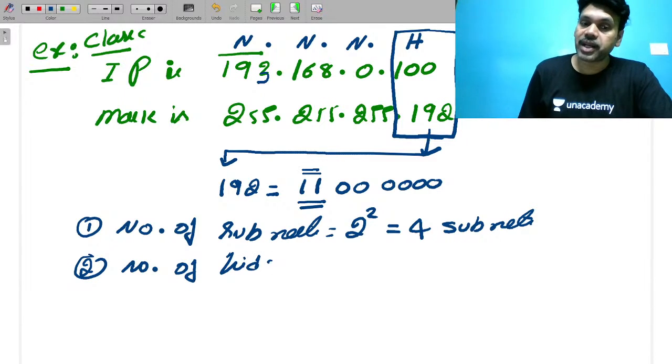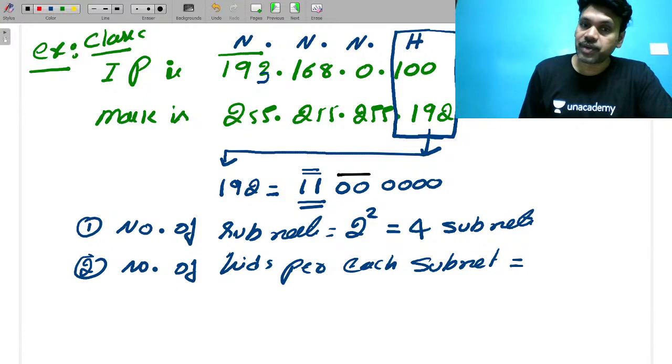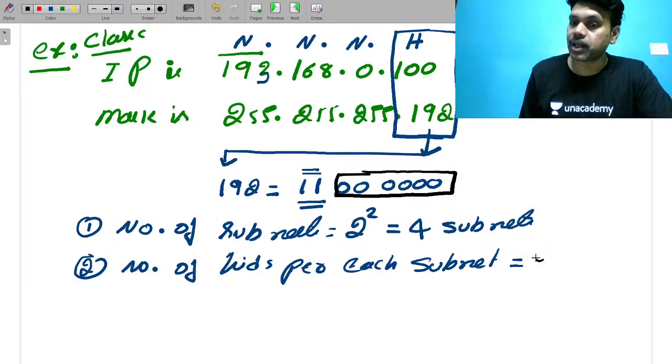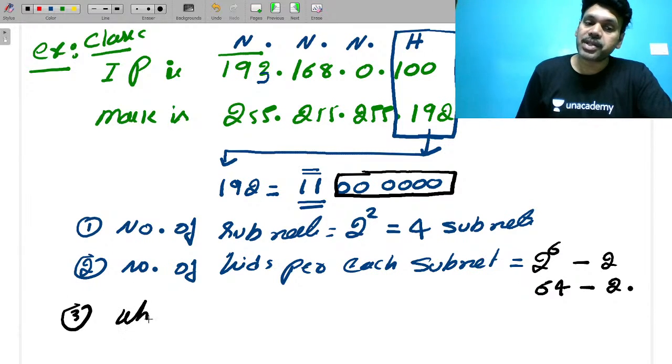The number of host IDs per subnetwork depends on how many zeros are there. 6 zeros are left in the host ID part. So 2 power 6 minus 2, that is 64 minus 2 are dedicated. And what are the subnets you got?